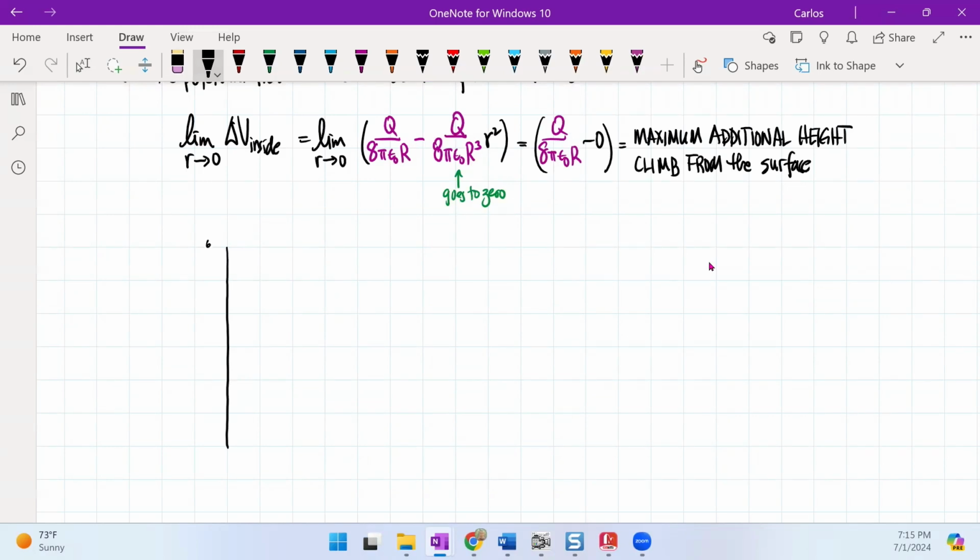So now I need 6 here. And this is 6. Then I'm going to say that this is my potential field as a function of R. So what does my shell, my sphere look like? It's going to look something like this. There's my quarter sphere right there.